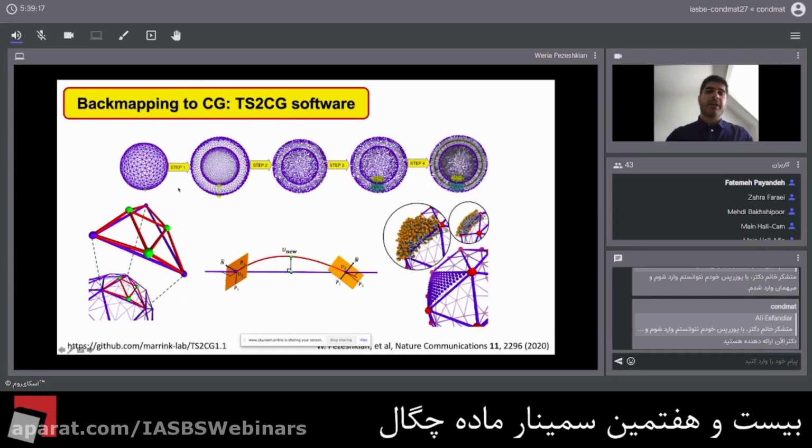So this backmapping is not really magic. What we do is, when you have this triangulated surface, we increase the number of points on it in a way that the geometrical properties of the original surface and the new one still match. For example, we have to keep the curvature at each point the same.